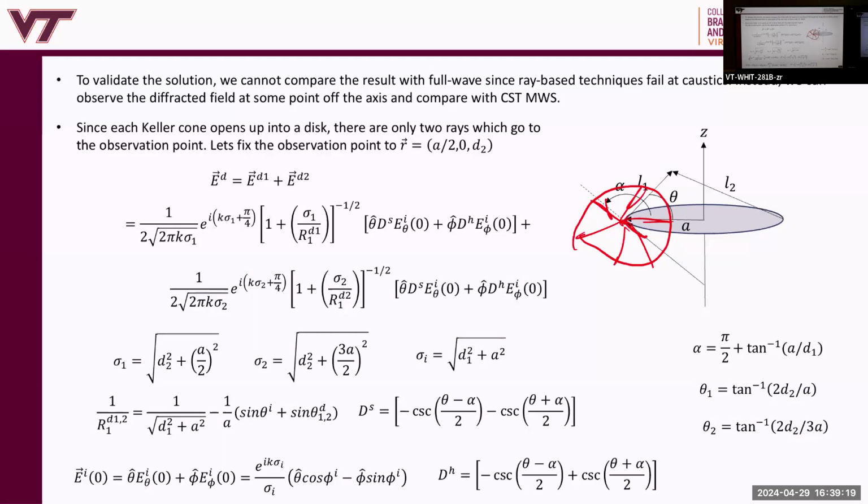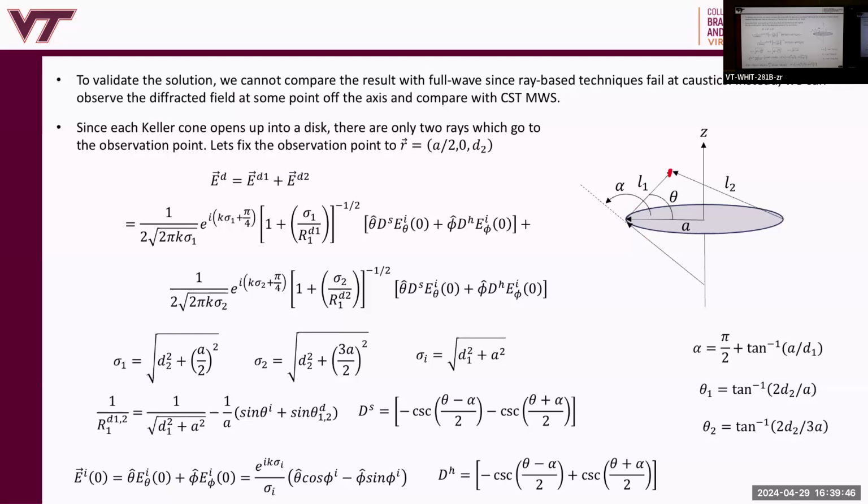So there's 1 ray that goes to this point from this right edge, and 1 that goes to this point from the left edge. Every other part of this circle or disk that's illuminated will not collimate. The ray won't reach that point, right? Matter of fact, all these generate a ring of observations if I rotate in azimuth, right? But there are only 2 rays that go here.